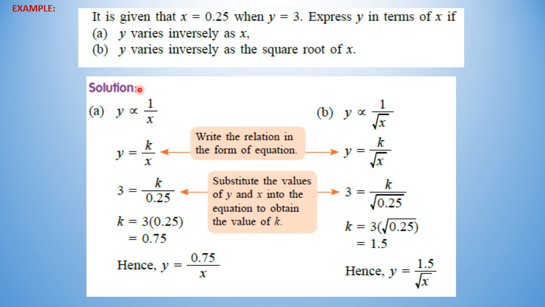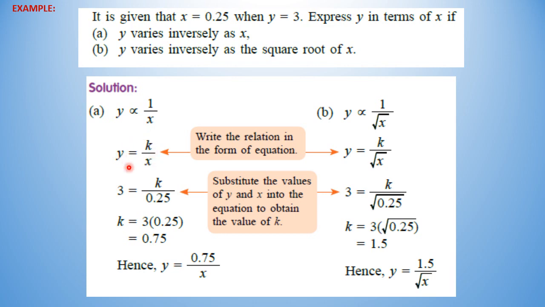After that, you have to change your variation relation to equation form. When you write equation form, your k should be on the numerator. So y equals k over x.